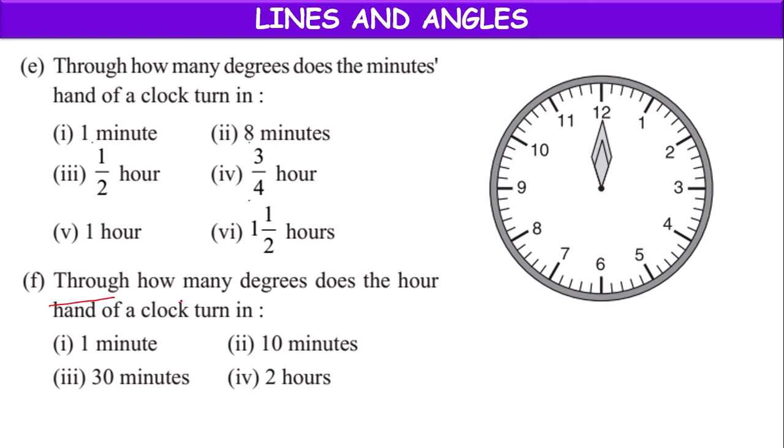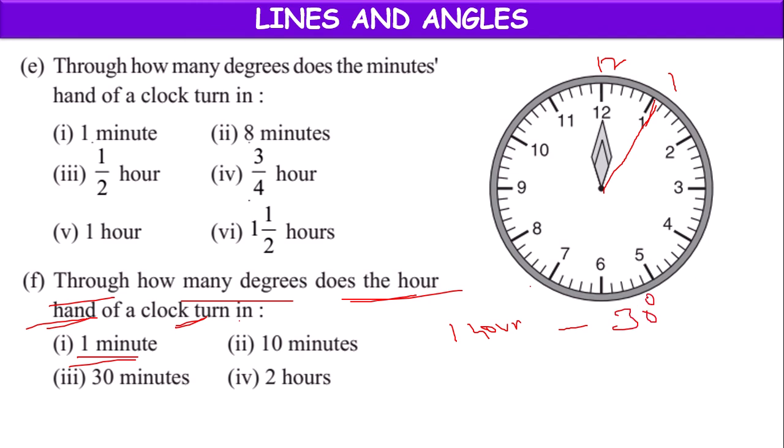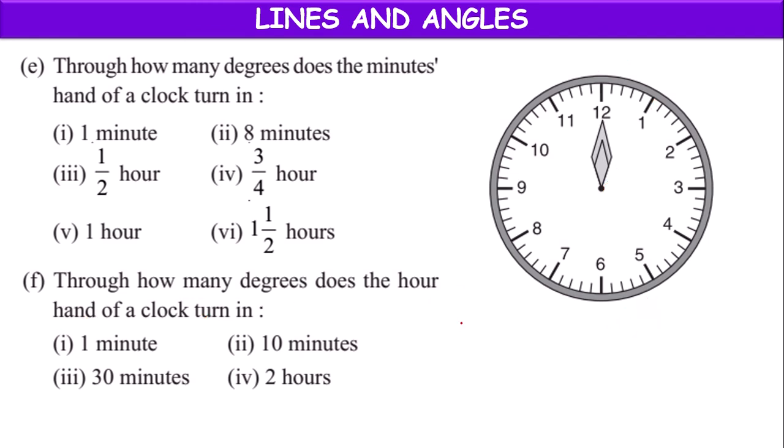Next, through how many degrees does the hour hand of a clock turn in 1 minute? Suppose the hour's hand is at 12, after 1 hour it will be at 1. It means in 1 hour it will cover a part of only 30 degrees, because the clock is divided into 12 hours, 360 by 12, which is equal to 30.